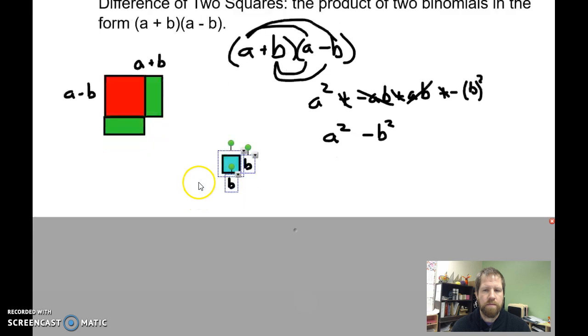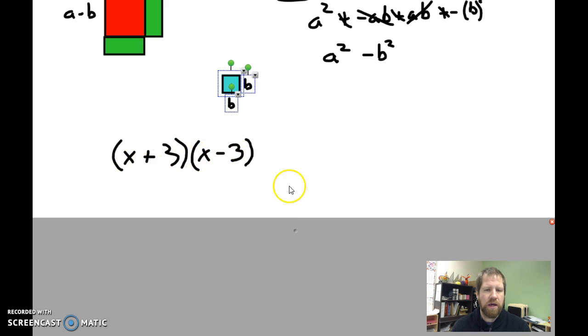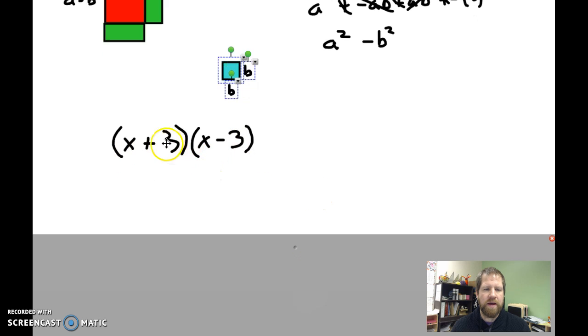And then we're just taking away b squared. So whenever you see a problem where you have the same values and one you're adding and the other you're subtracting, it's just going to be a squared minus b squared.